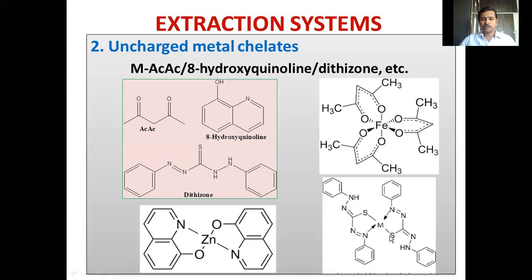When dithizone and any metal react together, they produce chelates, and these metal chelates are colored in nature, and these colored chelates can be extracted very simply into the organic solvent.